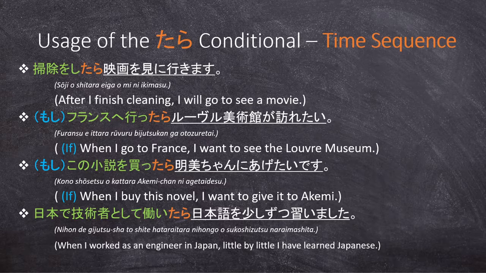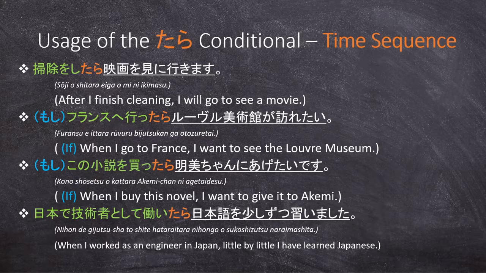So once again here we can deduce everything that we have learned about Tara up to this point presented in this sentence. So first we have the time sequence, and we are saying here that first we were working as an engineer in Japan, so that was the prerequisite, and only then we have learned a little of Japanese. So that time sequence moment has been established.